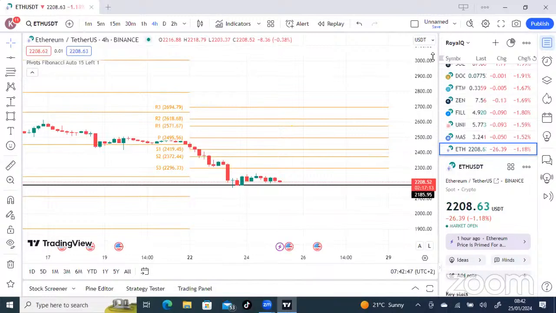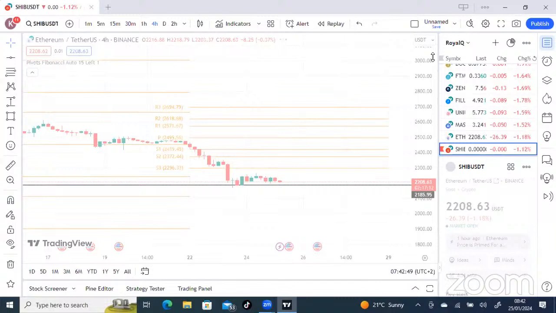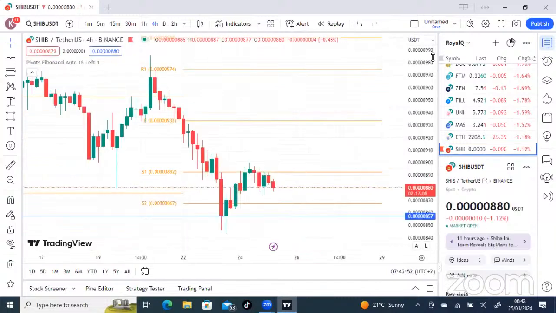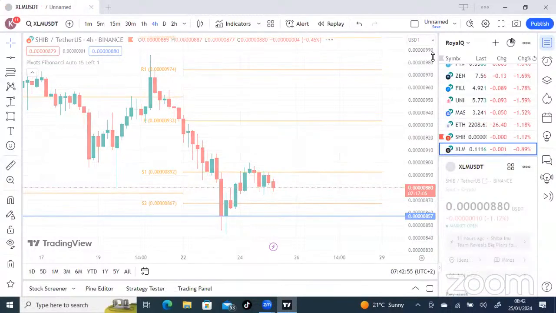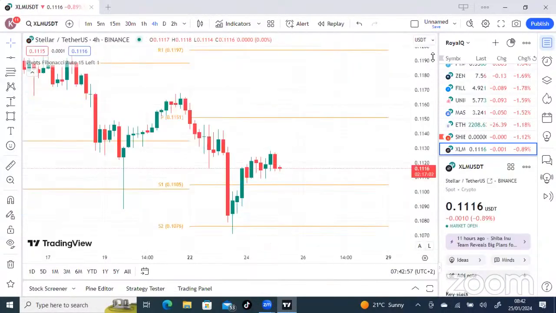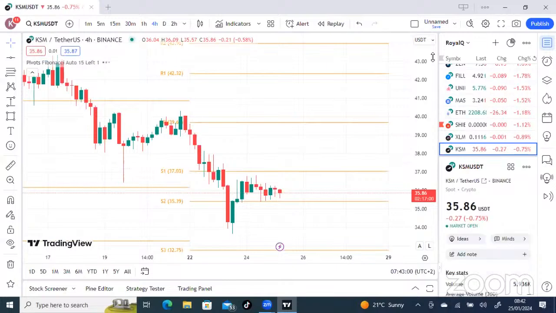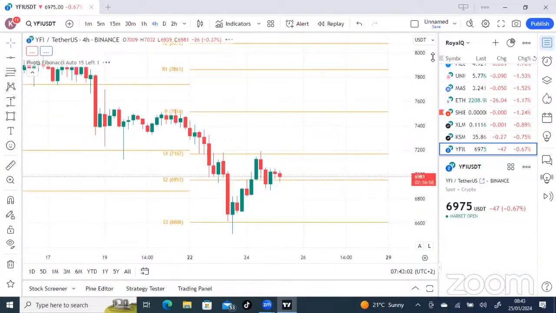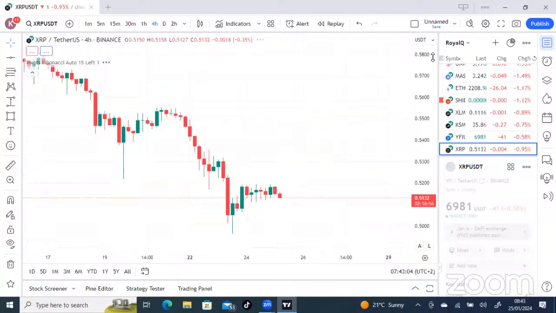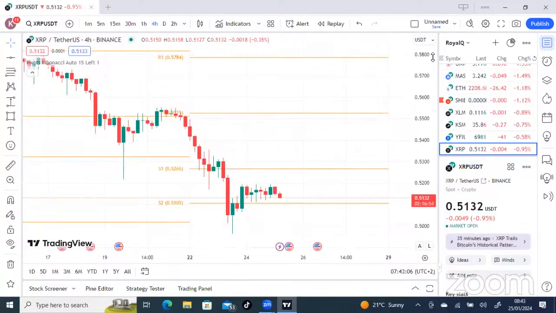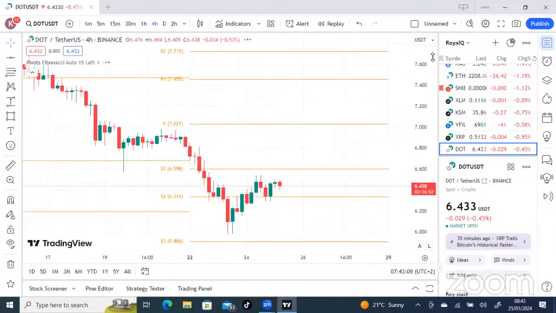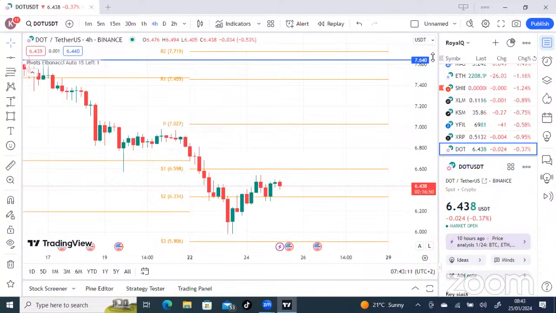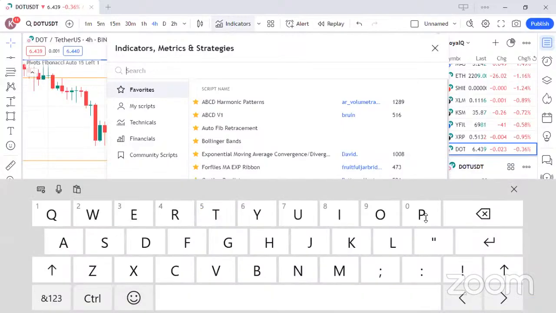But I believe everybody needs to learn how to draw by themselves because the indicators are not always perfect. So you add the indicator, then the indicator shows you areas of support and areas of resistance. Any question?